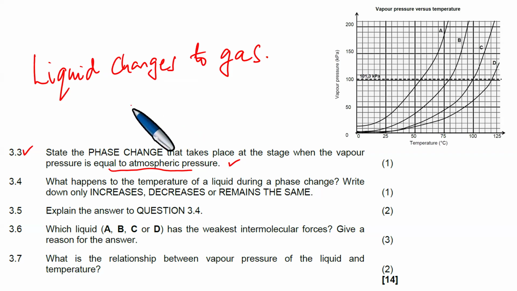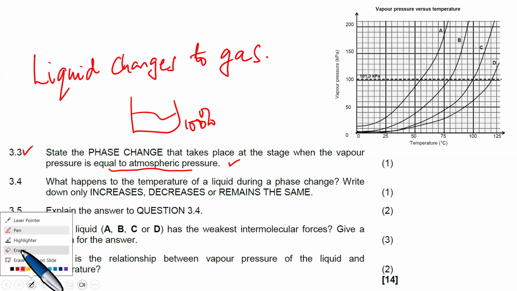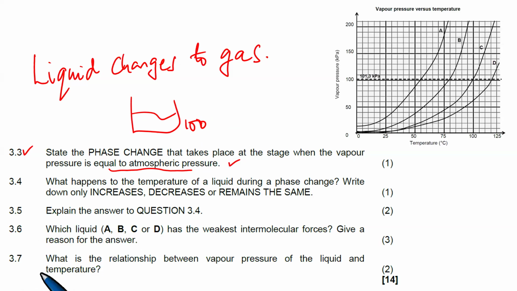So with water, when the temperature of water reaches 100 degrees Celsius, we know very well, the water starts going up, then begins to evaporate. And therefore, there's a phase change.